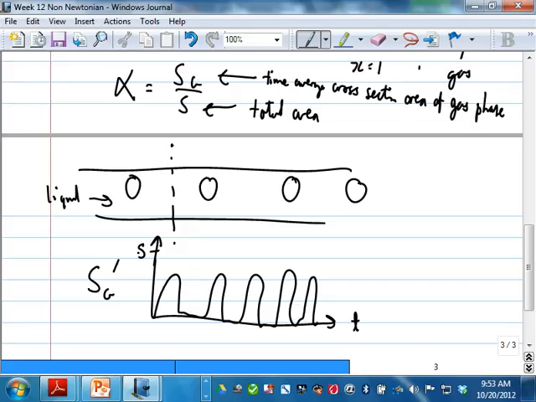If there's no gas, it might go to 0. If the flow is not so simple, sometimes there's more gas, sometimes less gas, then this whole thing might be going up and down. So I need to average that, to give you my average gas area. Average liquid area is one minus that. So by right, SG plus SL should be equal to S.